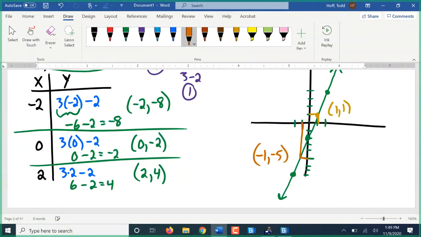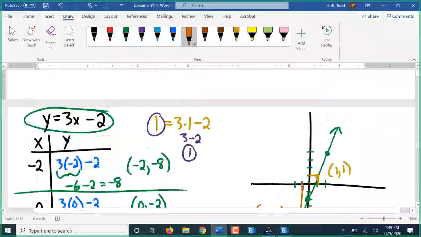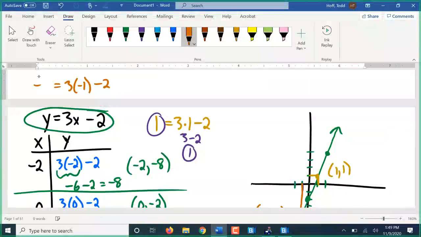If x is negative 1, is y negative 5? Well, I go back up here, put negative 1 in for x, negative 5 for y, and I see if that's true. 3 times negative 1 is negative 3, minus 2 is negative 5. So the coordinate of that point off my line makes the equation true.